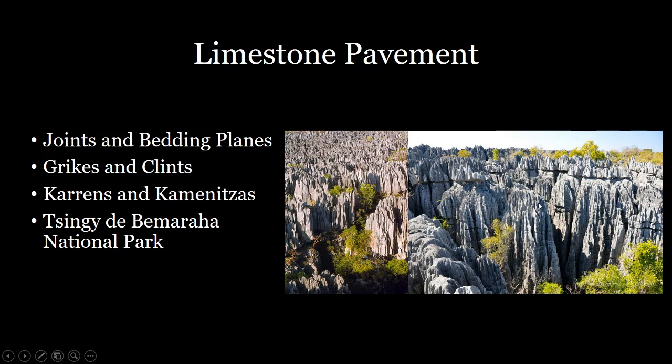So this would be, as you get even more and more erosion, the grikes form these huge valley systems that are tens of meters deep, whereas the clints are these towers that are kind of remaining, and the cairns being these tiny little riffles along the sides of the clint.